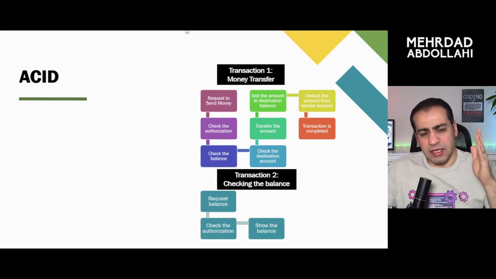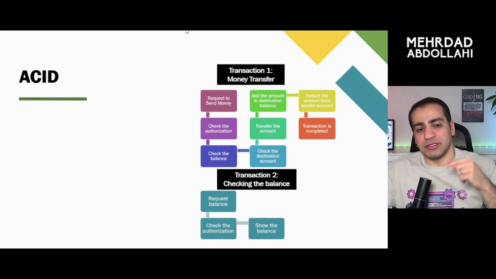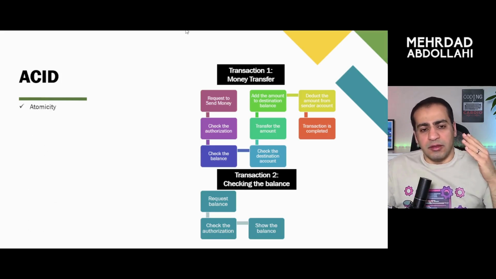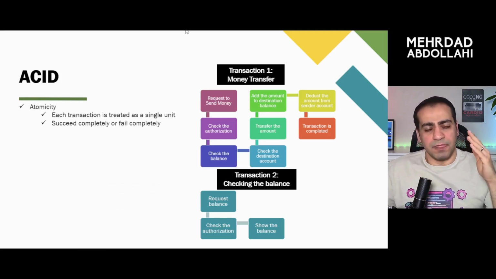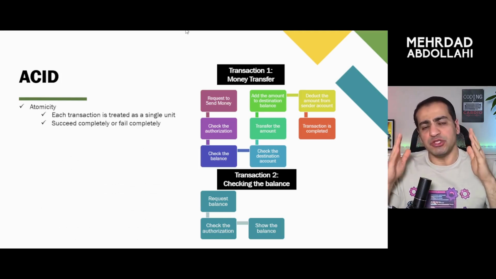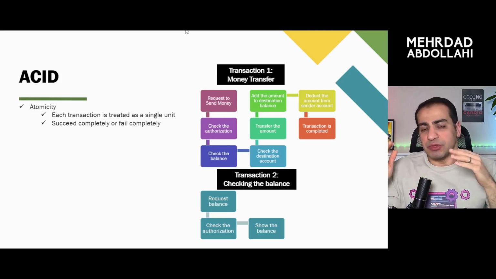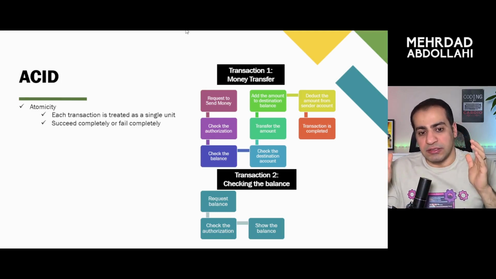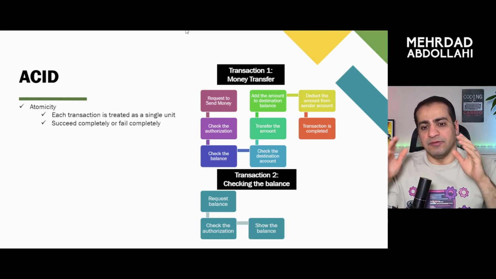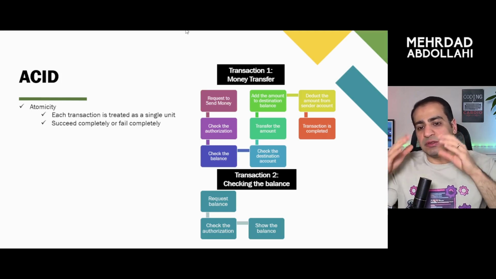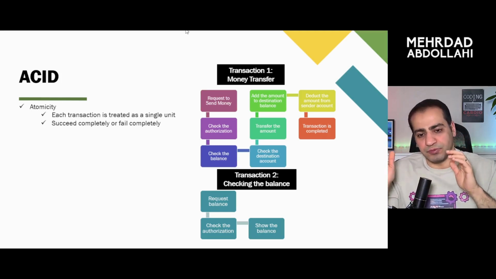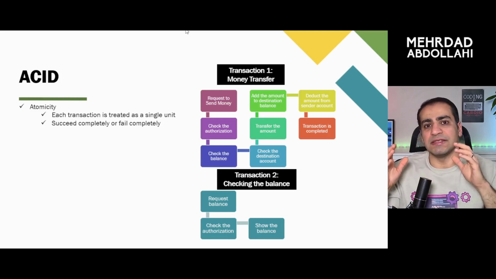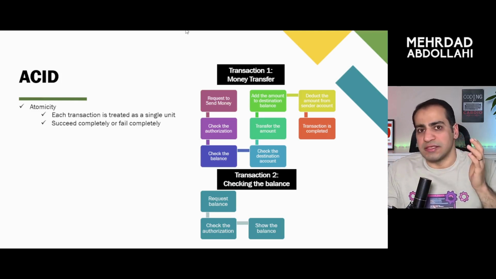So let's see what ACID is going to do with these transactions. The first letter, atomicity, says each transaction is treated as a single unit. For example, for money transfer, all the steps we talked about are a single unit of transaction.